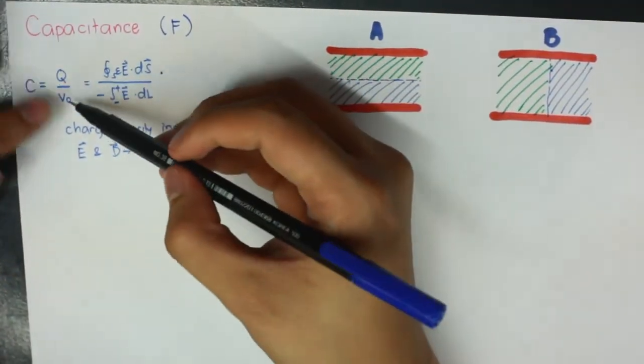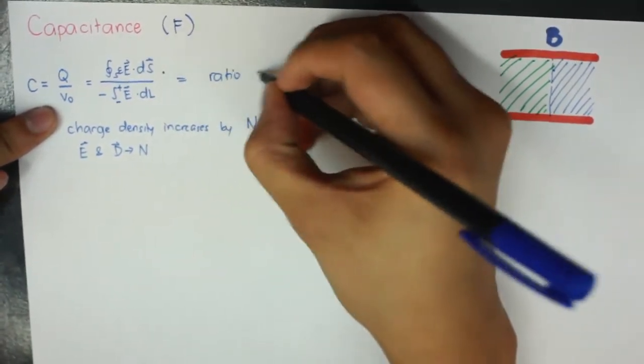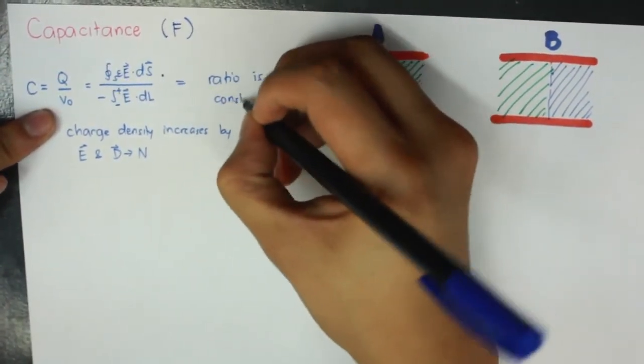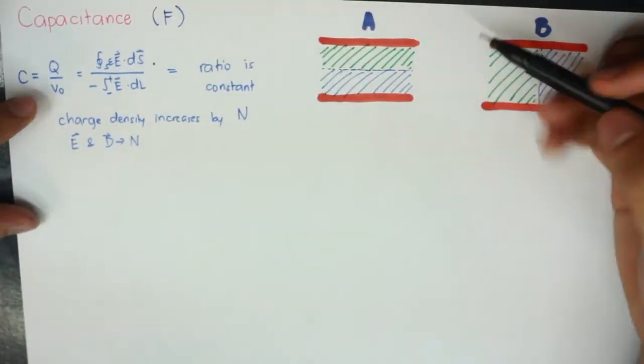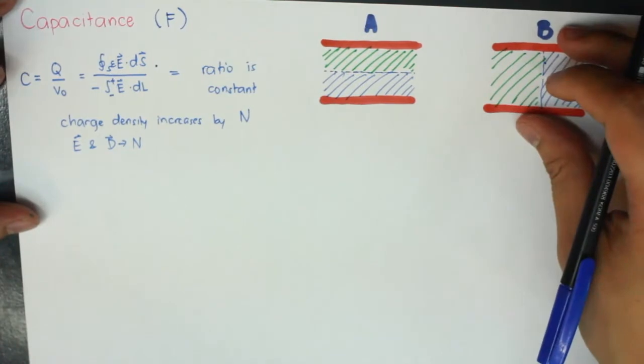Meaning, itong Q over V naught na to, yung ratio nila is constant.